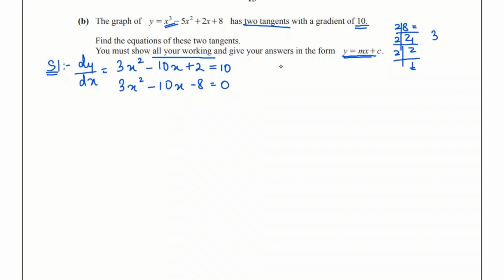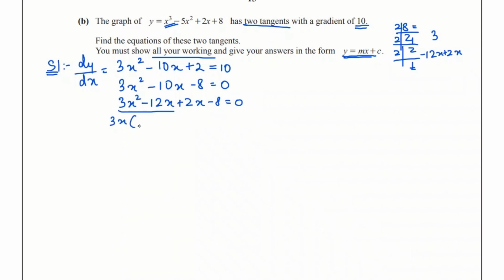The difference should come to 10. 3 twos are 6, 6 twos are 12. So we can have 12 and 2, minus 12x plus 2x, yes. So 3x square minus 12x plus 2x minus 8 is equal to 0.